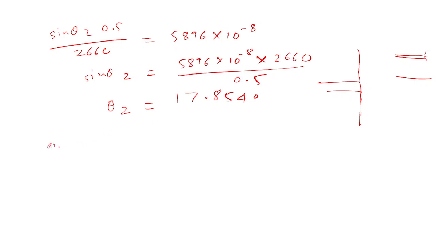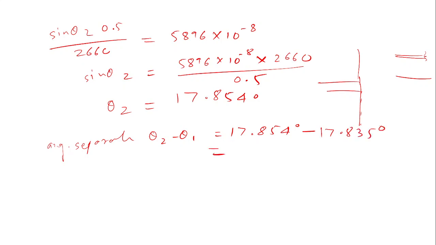So angular separation will be theta 2 minus theta 1, which is 17.854 degrees minus 17.835 degrees, which is 0.019 degrees.